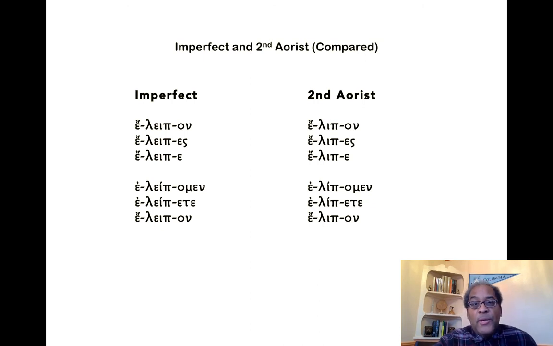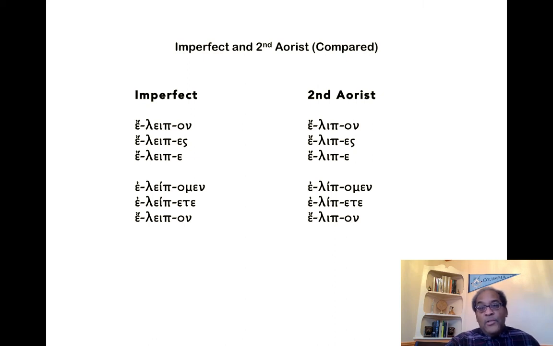So to the core of the issue here, we have the contrast between the imperfect and the second aorist. Again, just to remake this point, both of the forms are augmented because they represent past tenses, and you have the same personal endings: on, es, e, omen, ete, on. You have the same endings, but the difference between the imperfect and the second aorist is simply in the verb stem to which it is attached.